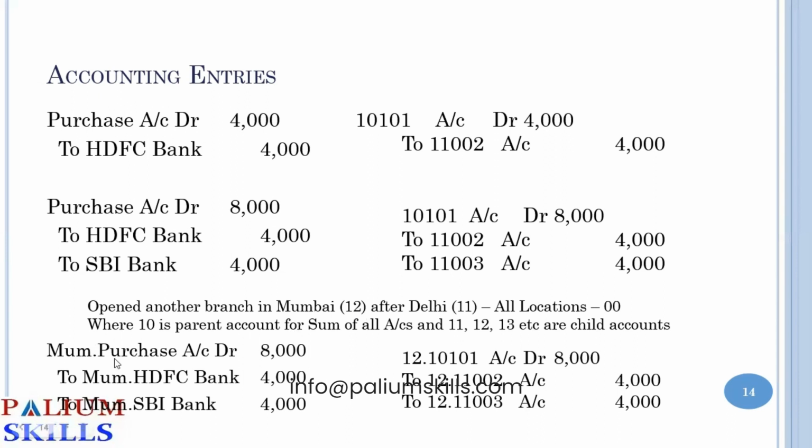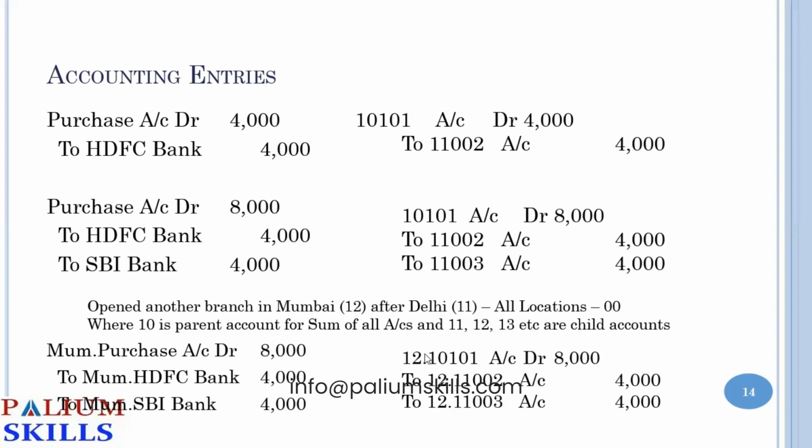Then Mumbai purchase account debit 8,000. So they paid from the Mumbai HDFC Bank 4,000, Mumbai SBI Bank 4,000. So if you reflect that in the application, it will become like this: 12.10101 to 12.11002, 12.11003.